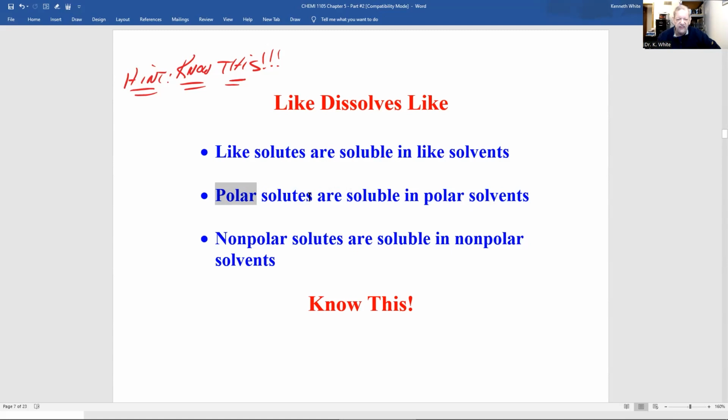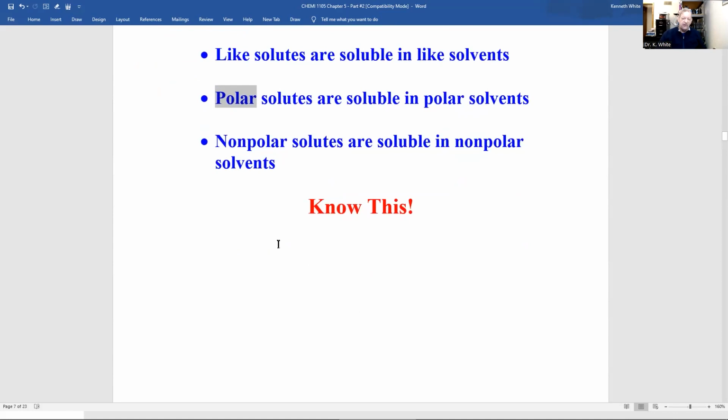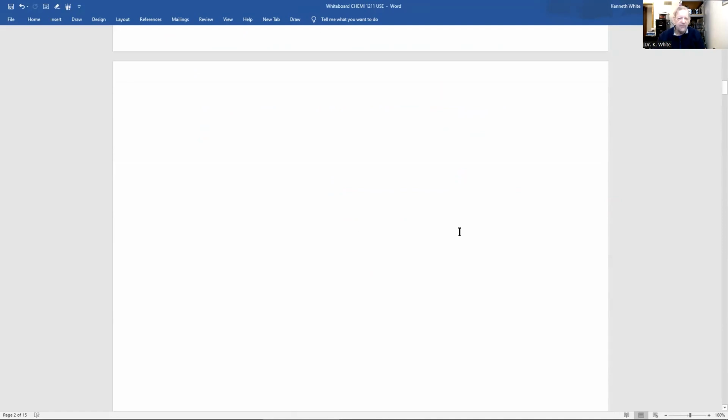Polar solutes are soluble in polar solvents, and nonpolar solutes are soluble in nonpolar solvents. Now, what are polar?